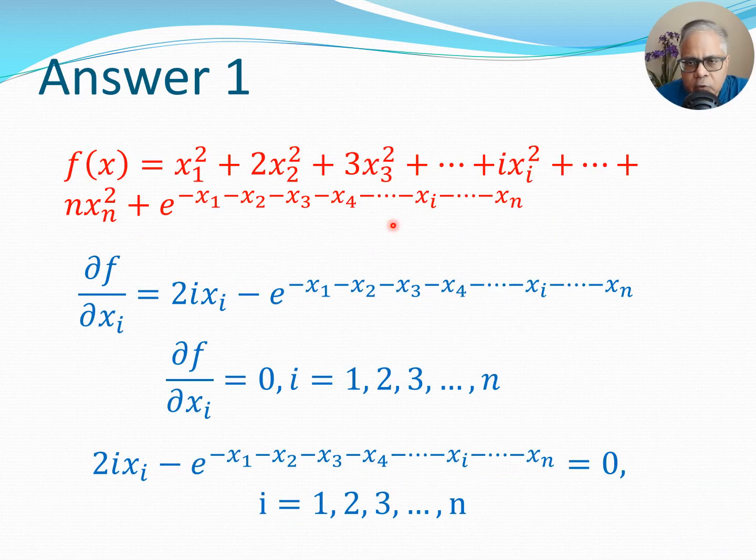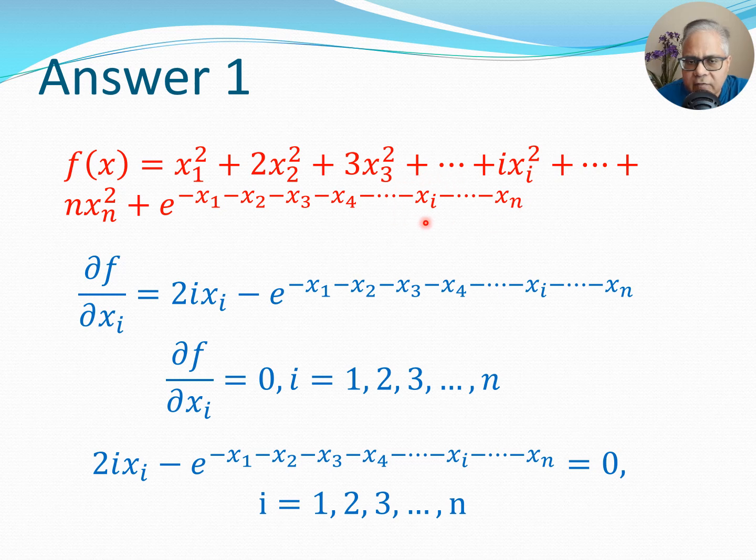Now, of course, we know that if we want to find the stationary point of a function, we have to take the derivative and set it equal to 0. So now we will take the derivative with respect to some general coordinate or design variable x subscript i. And so that's why I have kept a term involving x subscript i here, because that's going to make our life simpler in terms of figuring out how to differentiate this function.